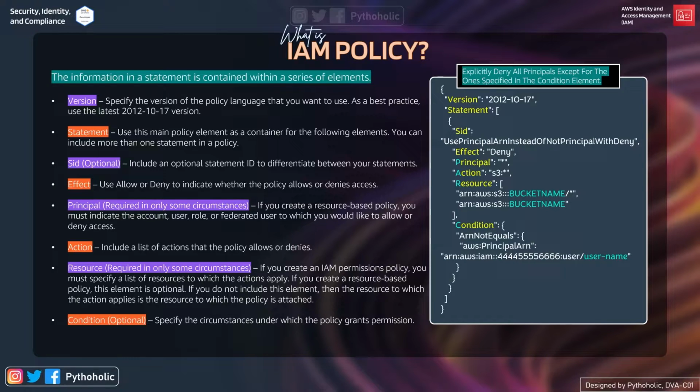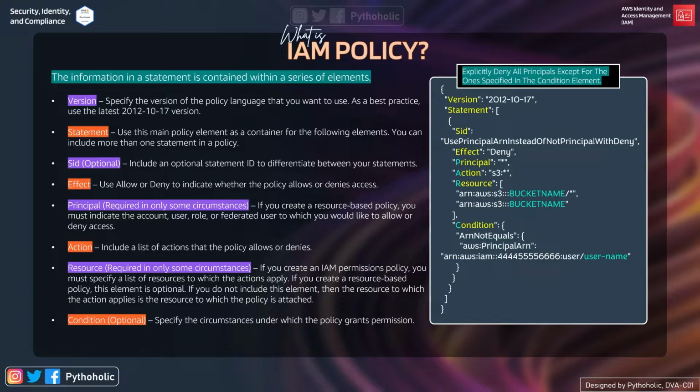So a resource is an object that exists within an AWS service. Examples include an EC2 instance, an IAM user, and an Amazon S3 bucket. The principal is the one requesting the action, and the resource is the one on which the action is going to be performed. I hope you got the difference here. I'll give you the same example again. Let's suppose I am going to punch you.